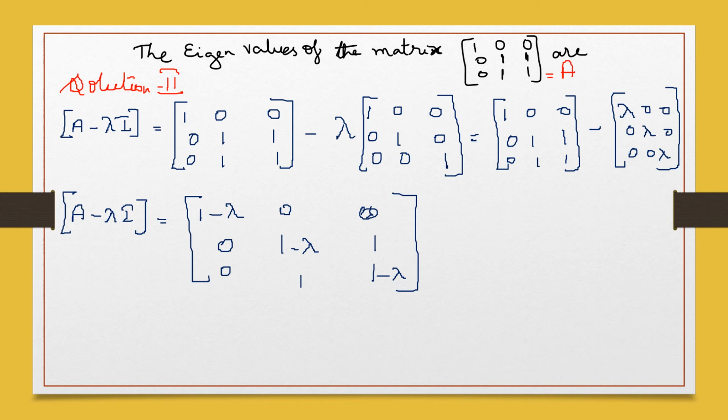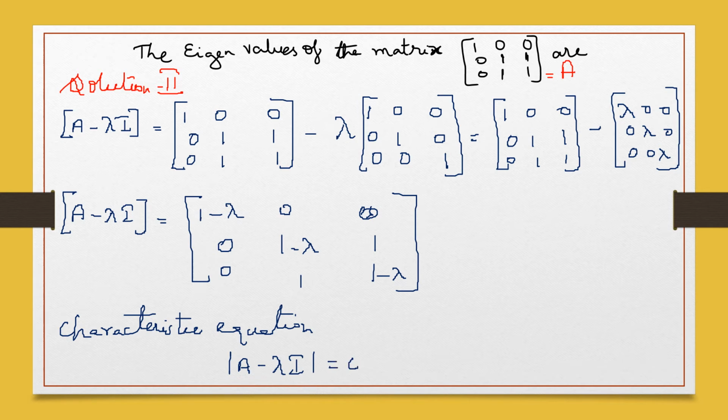To find the characteristic equation, we have to find the determinant of this matrix A minus lambda I and equate it with 0. So the determinant of 1 minus lambda 0 0, 0 1 minus lambda 1, and then again 0 1 1 minus lambda, is equal to 0.